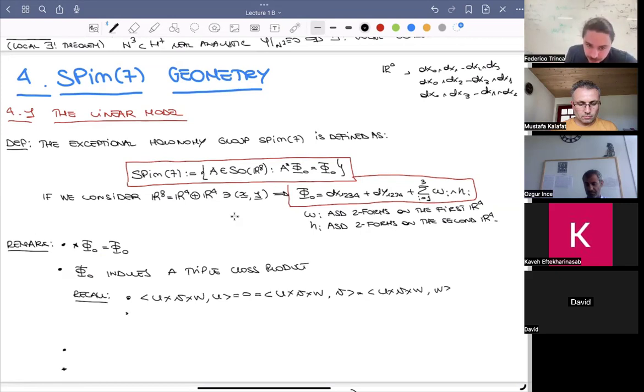And finally, I have that the norm of U × V × W is equal to the volume of the parallelogram spanned by U, V, W.